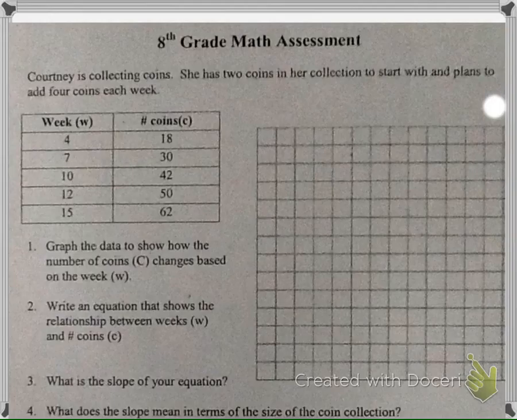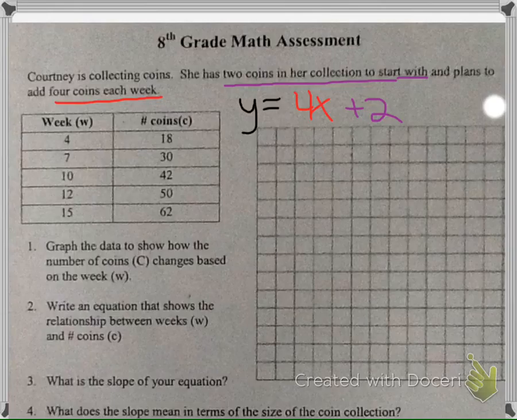She has 2 coins to start with, that would be your y-intercept. And she plans to add 4 coins each week, that is your slope. So you would have y equals 4x plus 2. But you need to be able to prove that in the table or the graph.